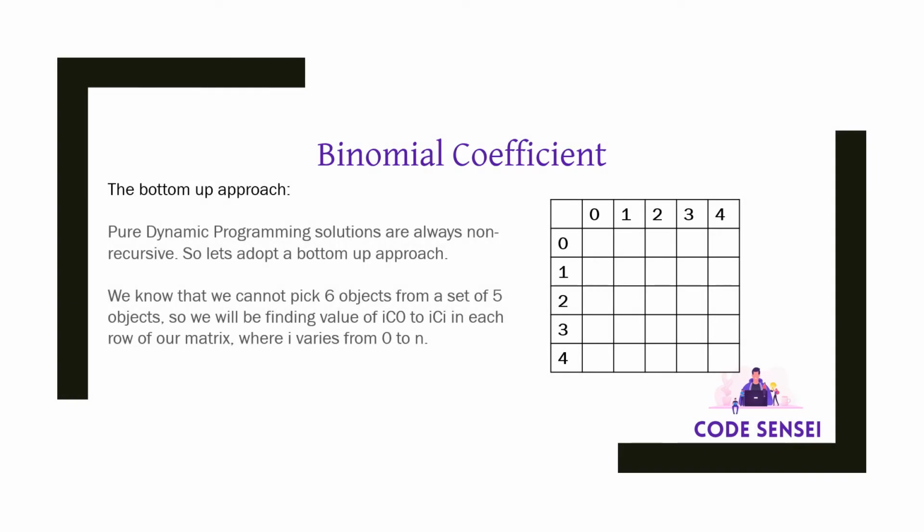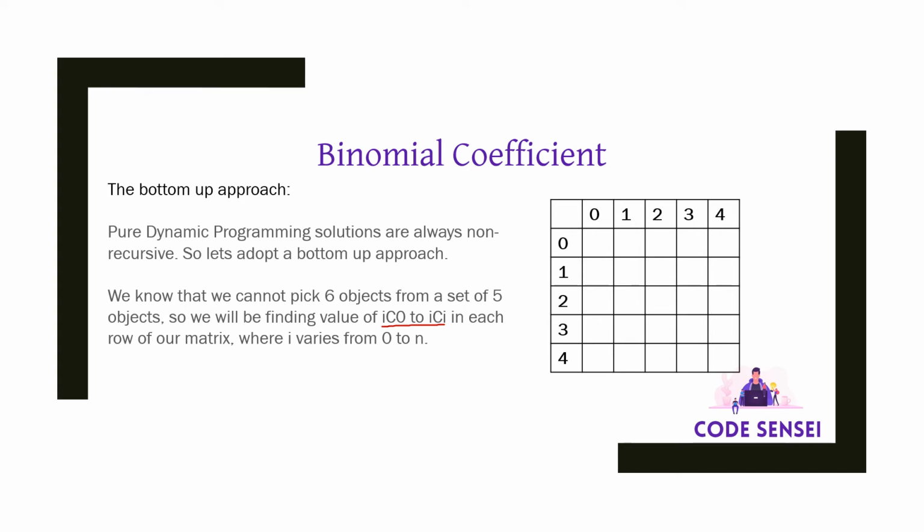The bottom-up approach. Pure dynamic programming solutions are not recursive. We know that we cannot pick 6 objects from a set of 5 objects. So we will be finding the value of iC0 to iCi in each row of our matrix, where i varies from 0 to n.